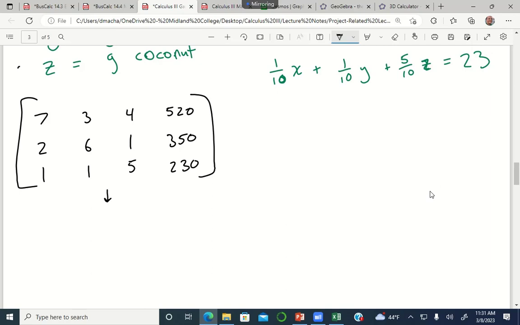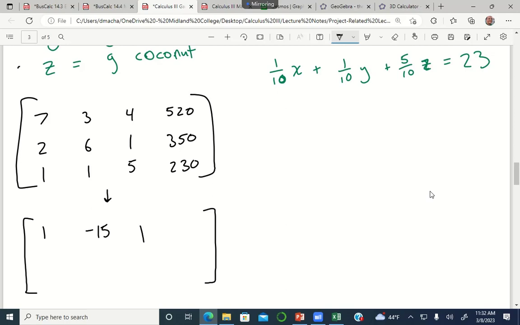The goal here is 1, 1, 1, and then 0s below the diagonal and 0s above the diagonal. Then I could read off my answer. So to make this 7 into a 1, I'm going to subtract 3 times the second row from the first row. So 7 minus 3 times 2 is 1. 3 minus 3 times 6 is negative 15. 4 minus 3 times 1 is 1.